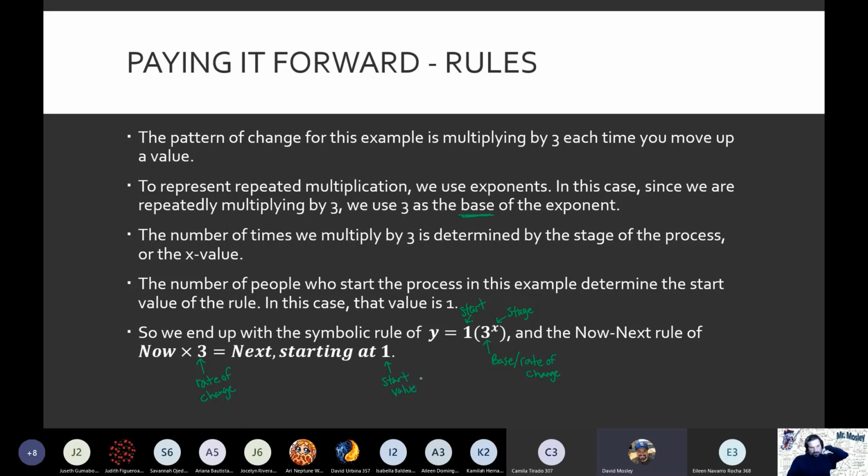In a now next rule, the variable x, keeping track of the stage we're in, doesn't show up. The now next rule only needs the rate of change and the start value. There's no exponent and no x variable in your now next rule.